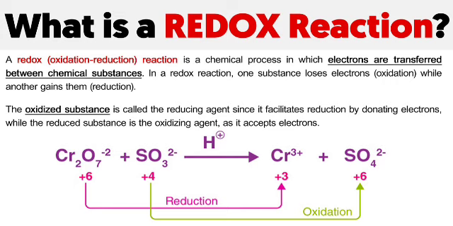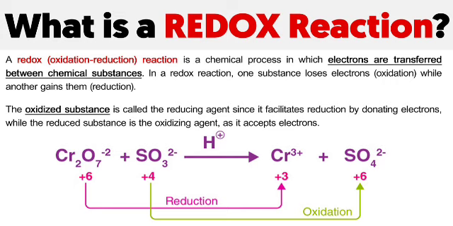They happen together. So if oxidation happens, reduction will happen, and if reduction happens, oxidation happens. So a half equation can help us see what happened during oxidation separately from what happened during reduction.